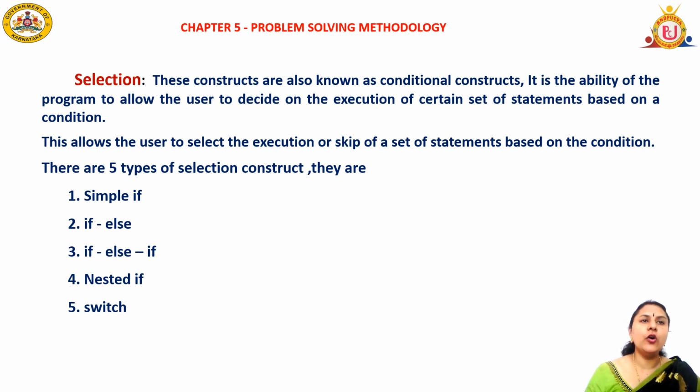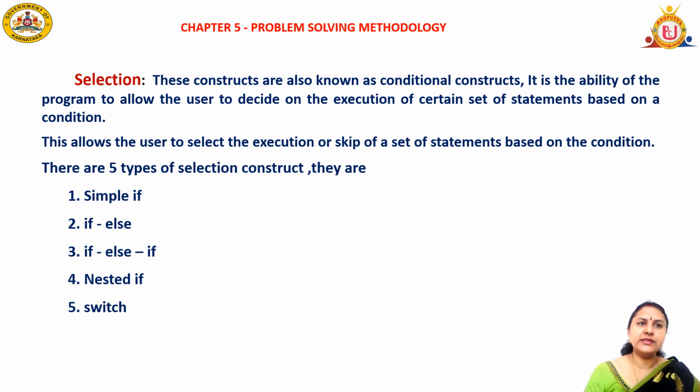So this allows the user to select the execution of statements or skip a set of statements based on the condition. Selection means the ability of the program to allow the user to decide on the execution of a certain set of statements based on a condition.